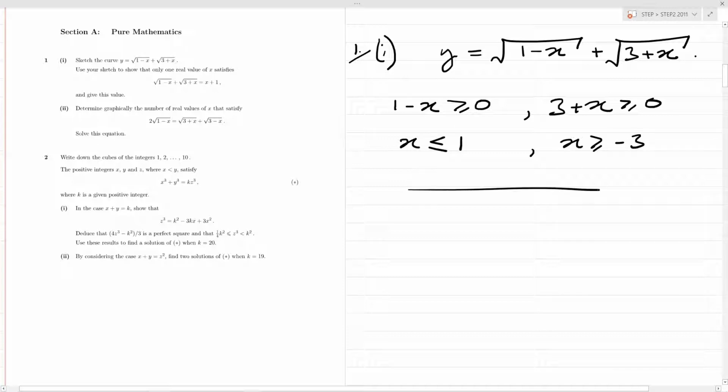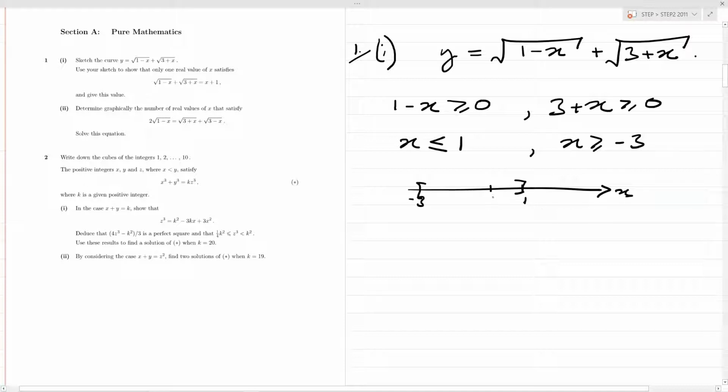And so if we draw a little number line here, the real line, the x-axis, then we get that x lives between the values 1 and minus 3. So when x is outside of this range, the graph is not defined. That means there will be nothing above or below the x-axis.